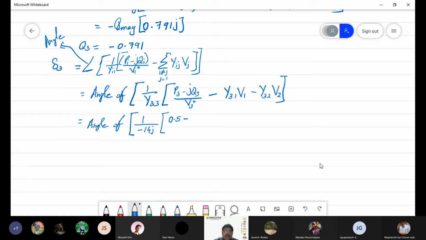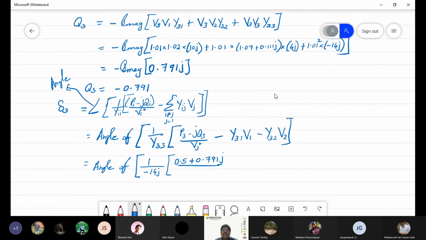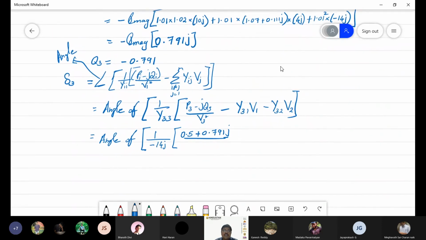Here we have minus of minus, that becomes plus 0.791j divided by V3 star. V3 is given in the problem, that is 1.01 angle 0 only, therefore 1.01. The same value here.